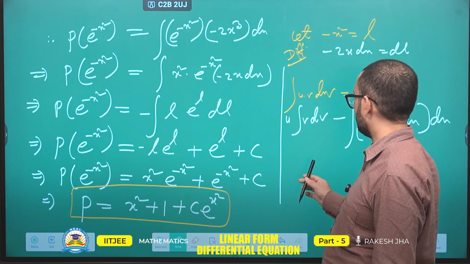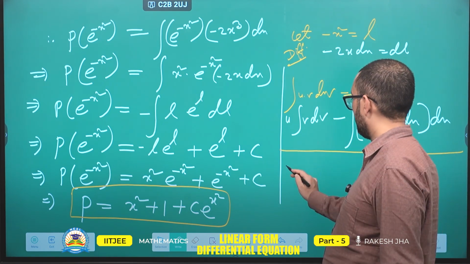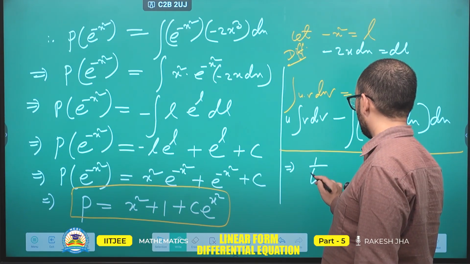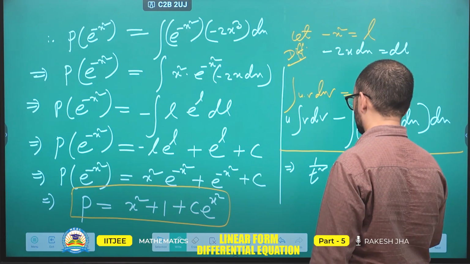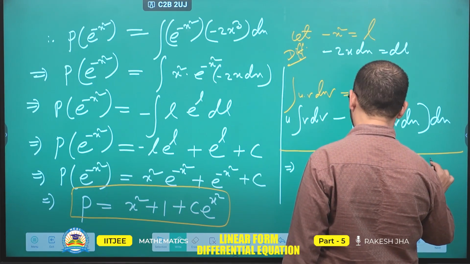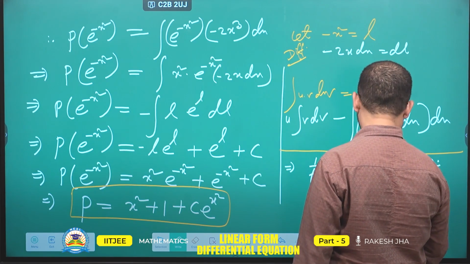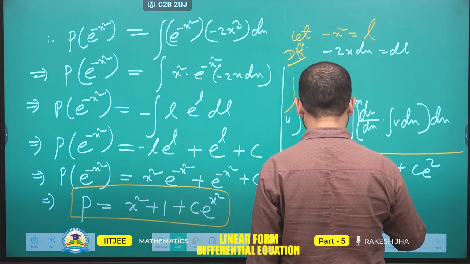So we can write here 1 by t square is equal to x square plus 1 plus c into e raised to the power x square.